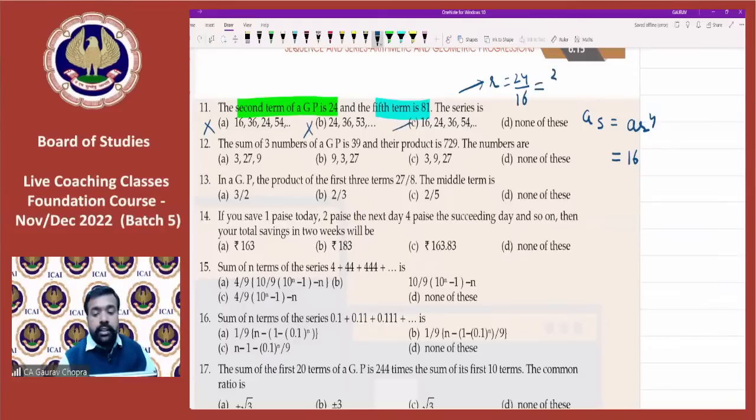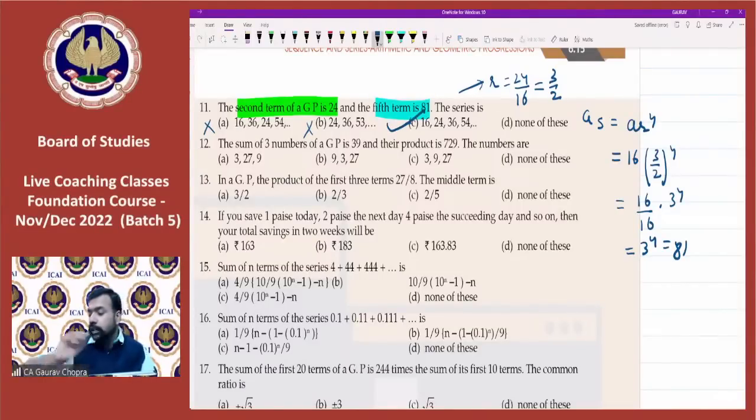If we cancel, it comes as 3 by 2. So 3 by 2 to the power of 4. So it will be 16 upon 16 into 3 to the power of 4. So let's check how much we are getting. So we are getting 3 to the power of 4, which is equal to 81. So yes, both the conditions are satisfied and option number C is correct.